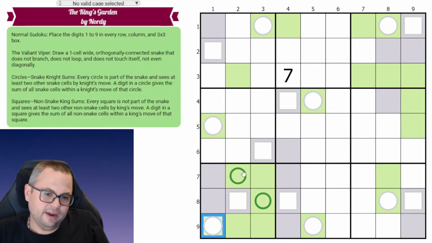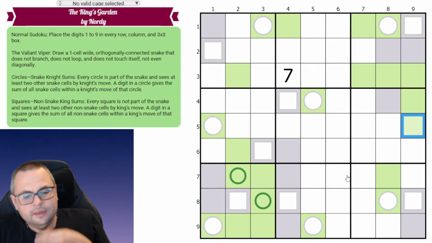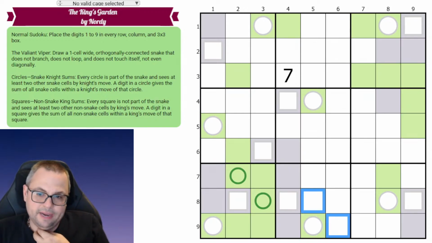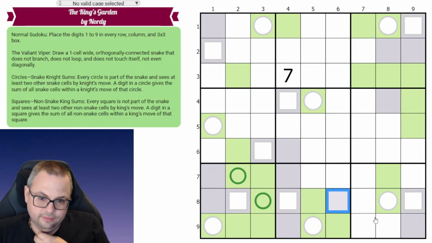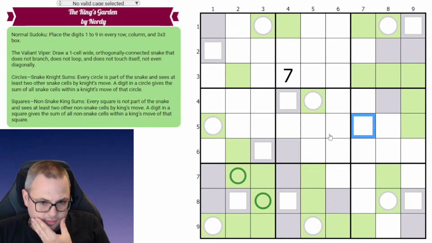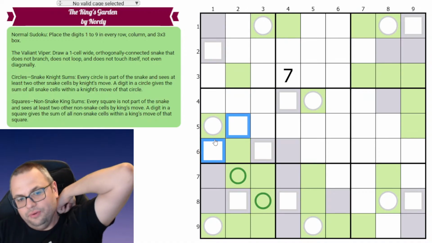So now we've got our other end in. This green continues up to here. This is not one of my dead ends, so I can continue it like that. This one sees that cell. Oh yeah, I can't do.